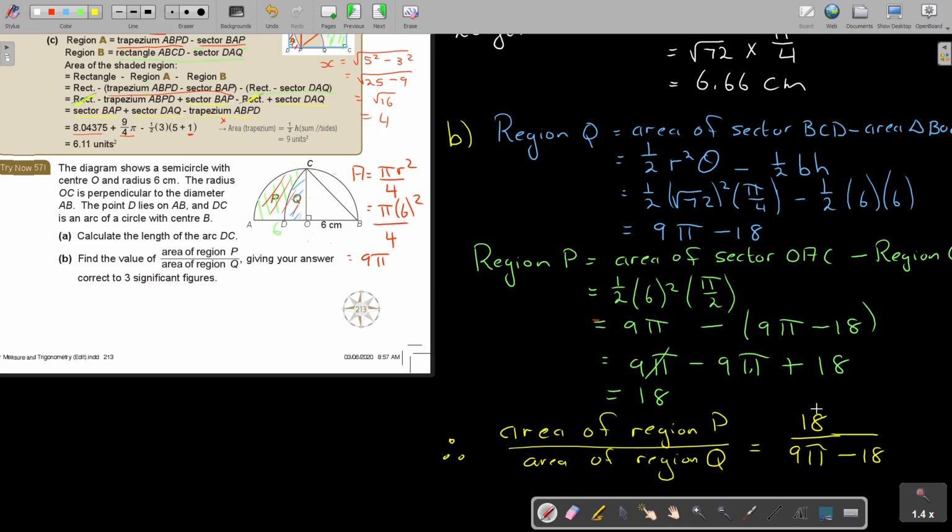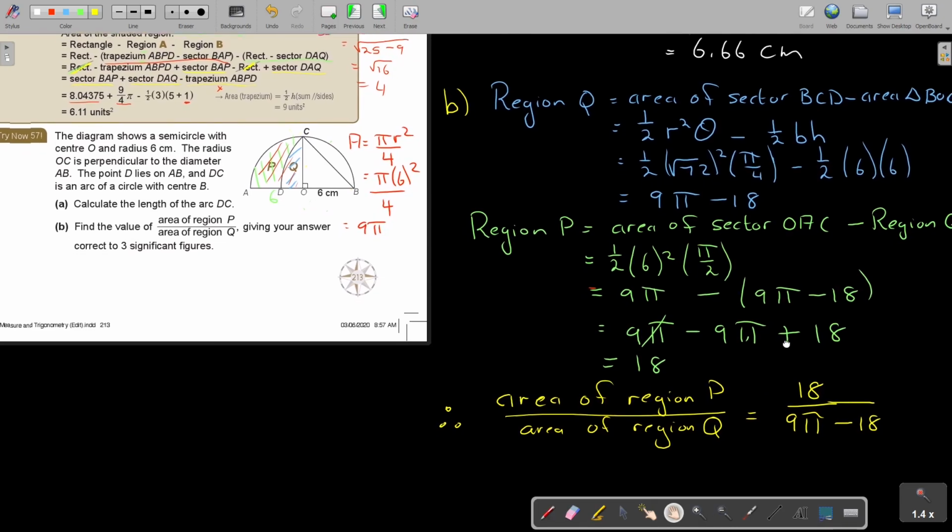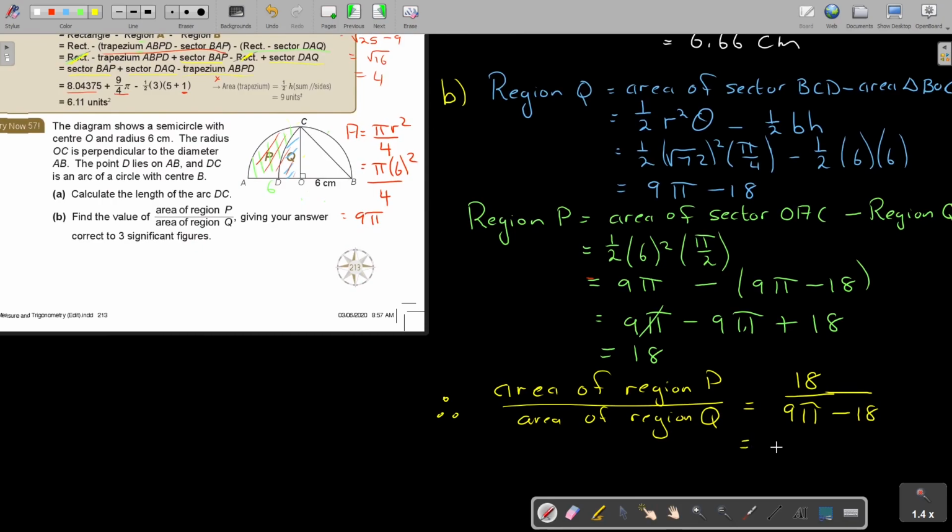Please don't cancel that, it's 2 terms. So just press it on your calculator. Press 18, divide, bracket, 9 multiply shift pi minus 18, close the bracket, equals. And my final answer is just 1.75. And that is my ratio. And that's how I do it.